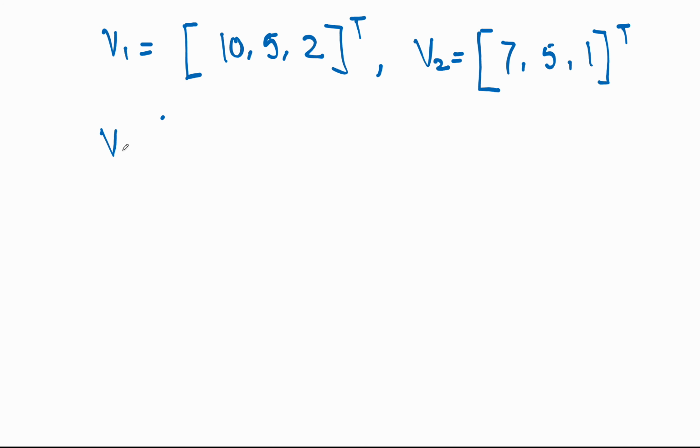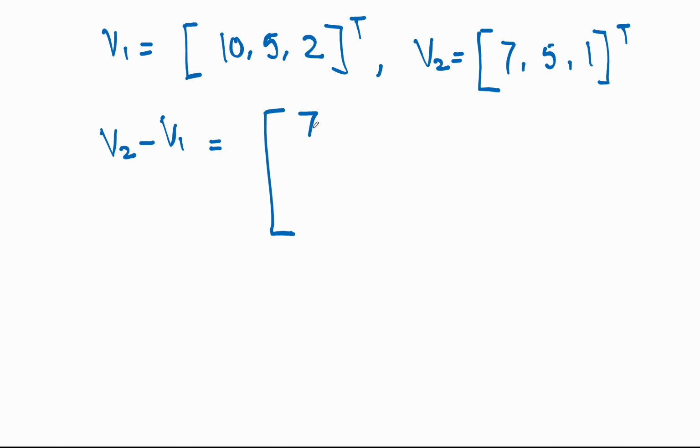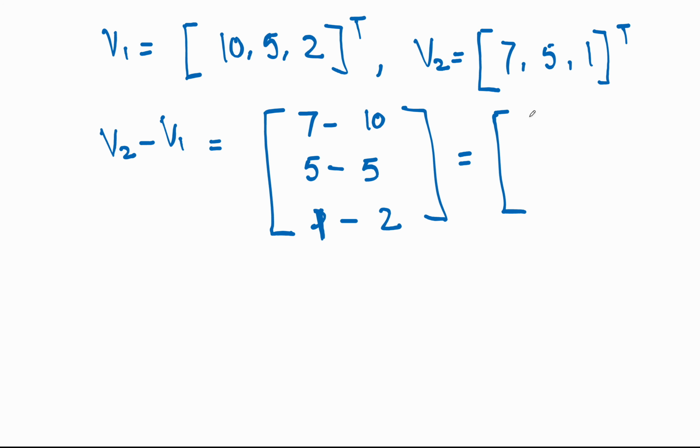If we do v2 minus v1, that will be 7 minus 10, 5 minus 5, and 1 minus 2, and that will turn out to be minus 3, 0, minus 1.